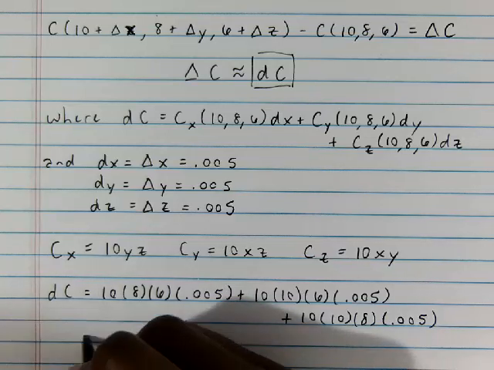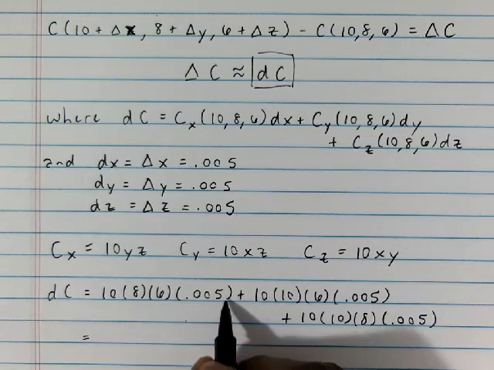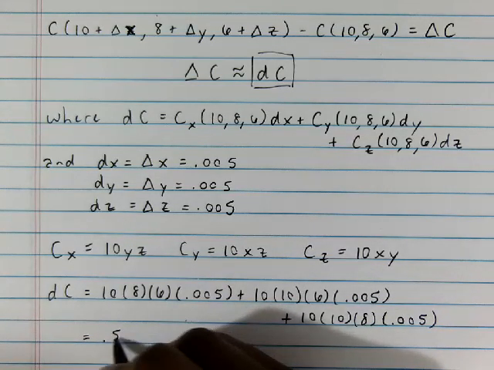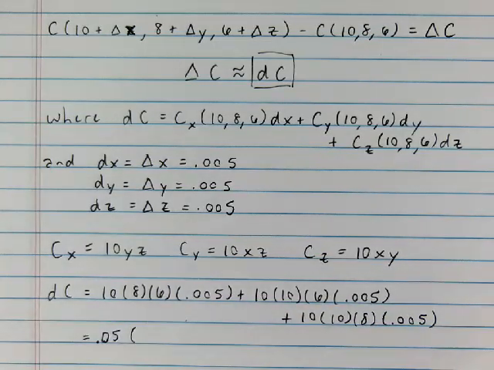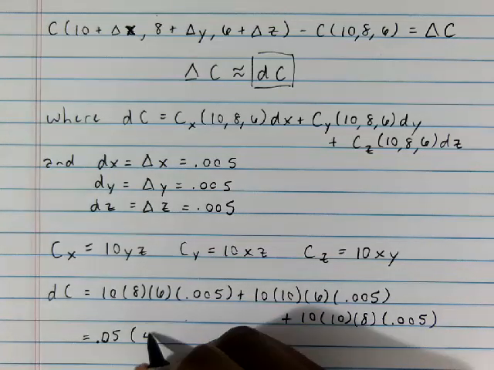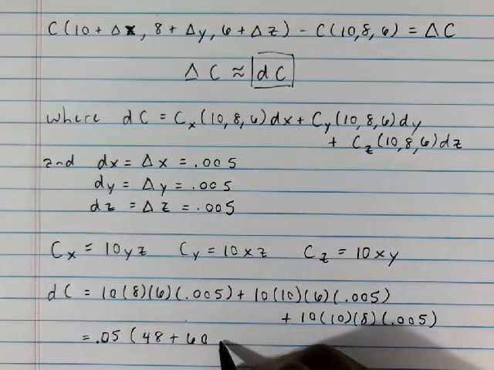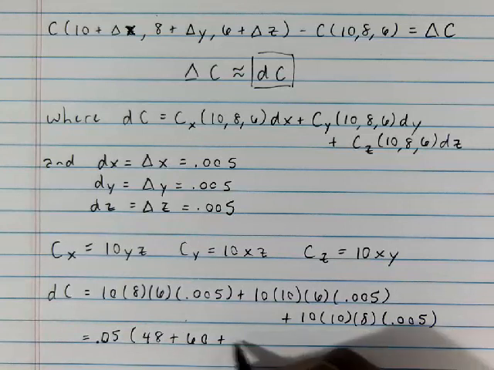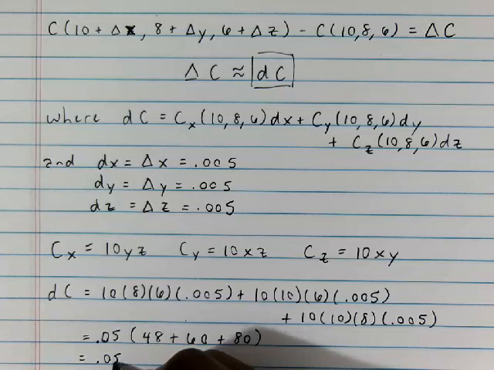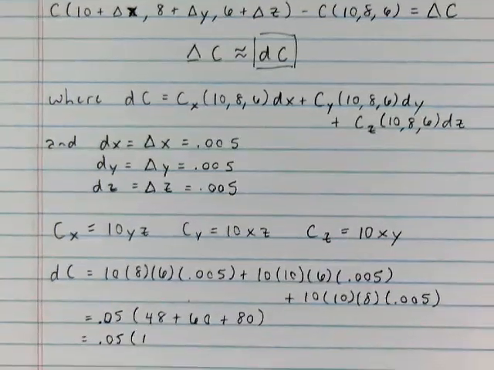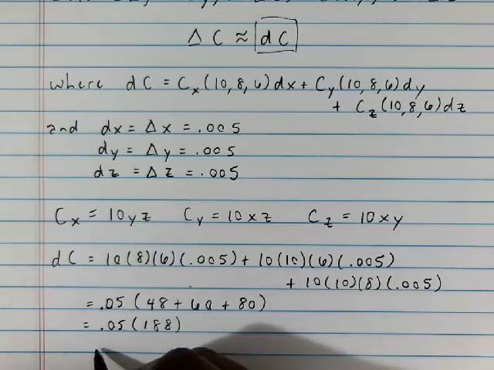I think we can simplify this fairly easily. So this equals, they all have a 0.05 in them. If I take the 10 and the 0.005, that's 0.05. I can factor out 0.05 from everything, which leaves us with a 48 here, plus here leaves us with a 60, so 108, plus here it leaves us with an 80, so we get 188, so 0.05 times 188, which is, what is that?